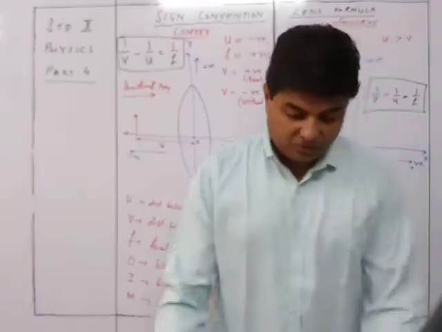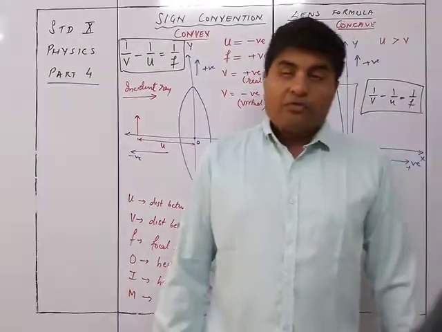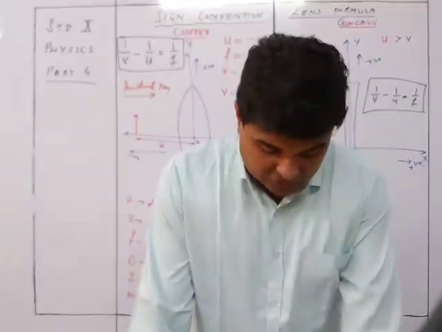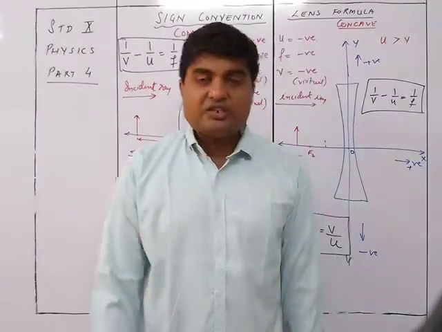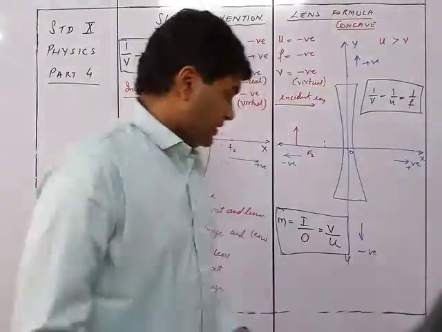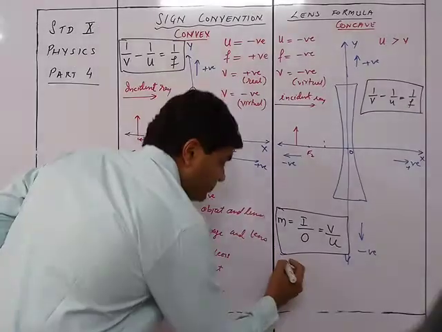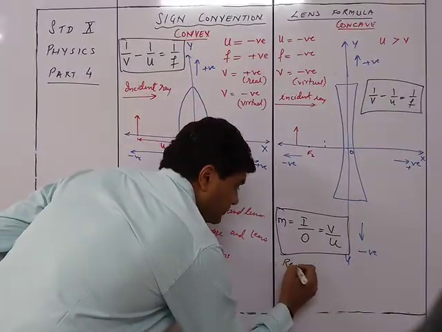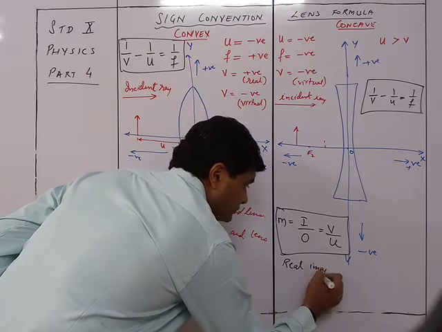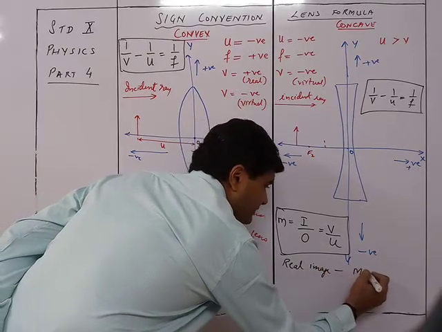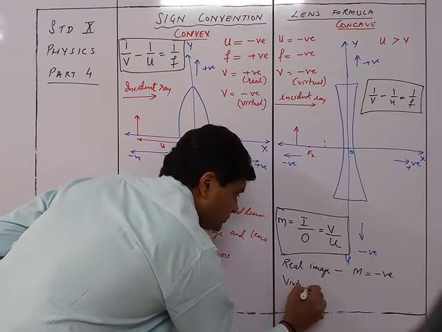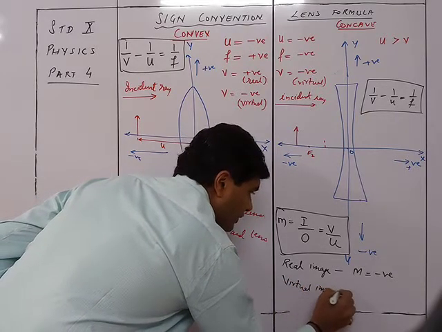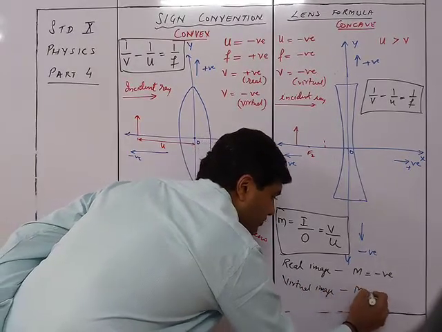So finally, note, for a real image which is inverted, magnification is negative. So here the important thing is that for a real image, m is negative. For a virtual image, m is positive.